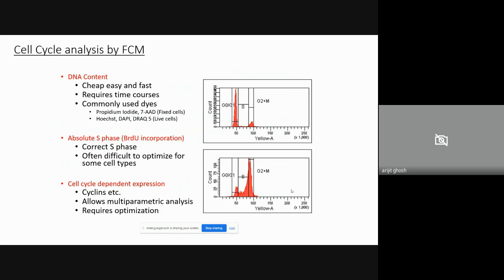This is just a representation of a cell cycle analysis which is being done by flow cytometry.